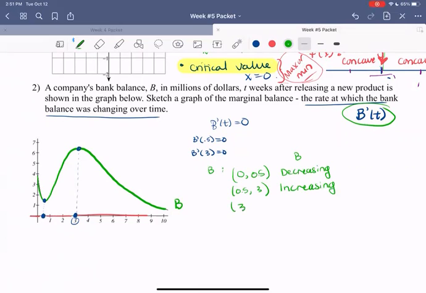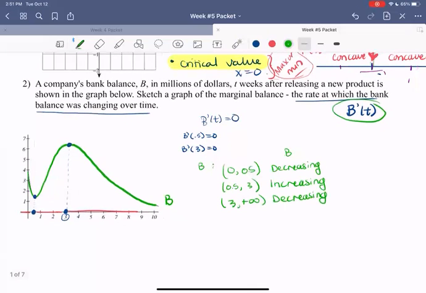And from 3 to positive infinity, our function is decreasing. So what does that mean for our derivative, B prime? When our original function is decreasing, B prime is negative. Increasing, B prime is positive, and decreasing, B prime is negative.